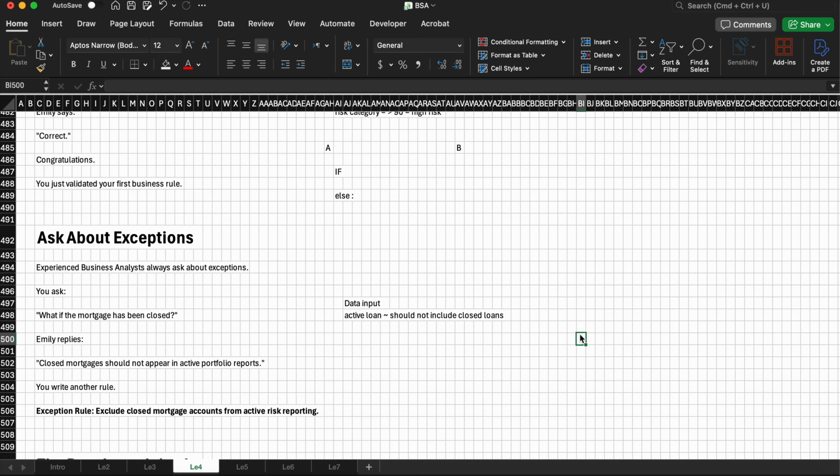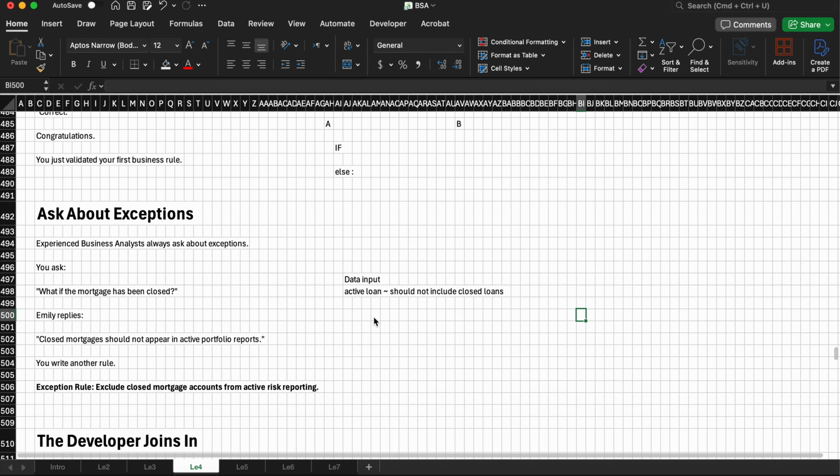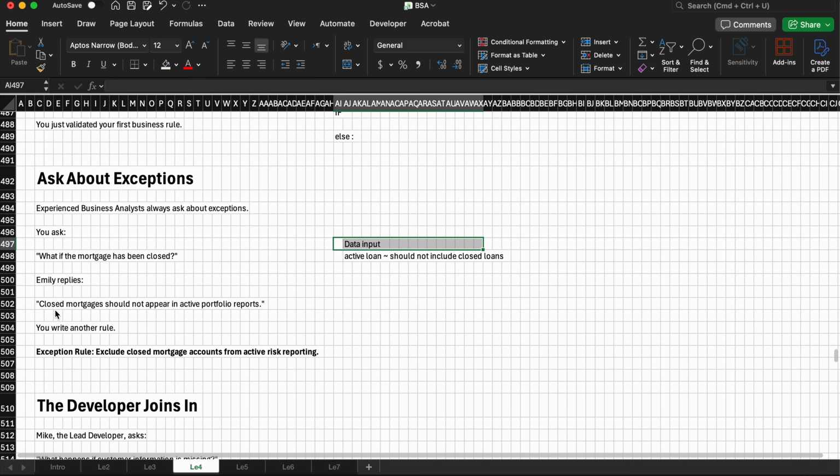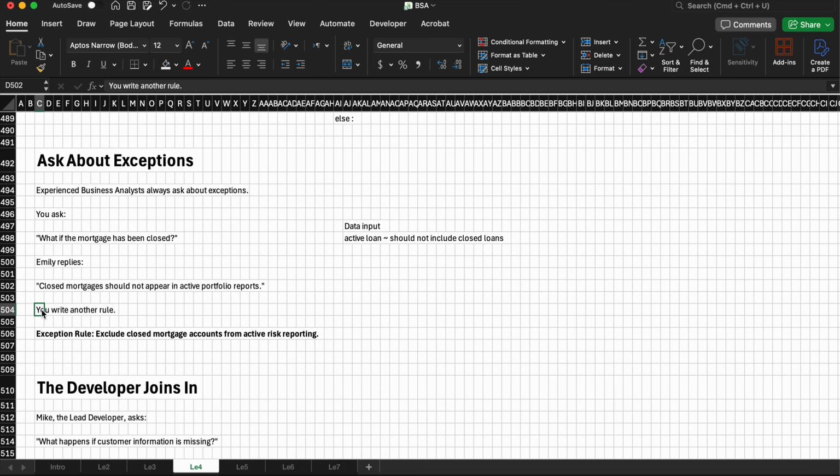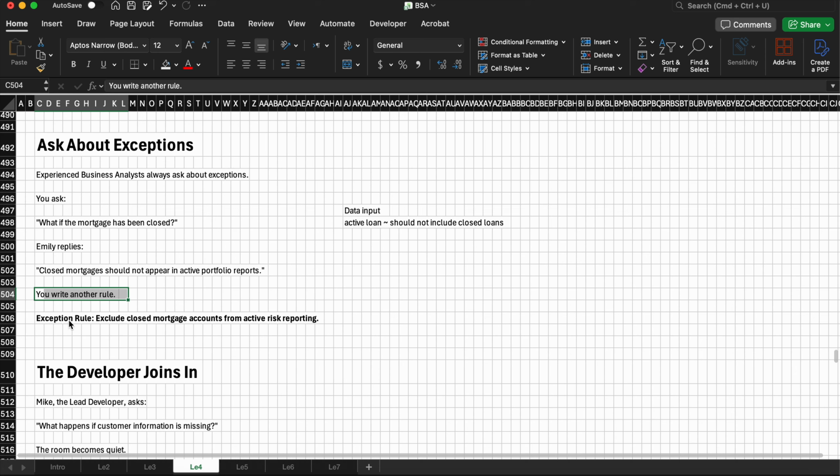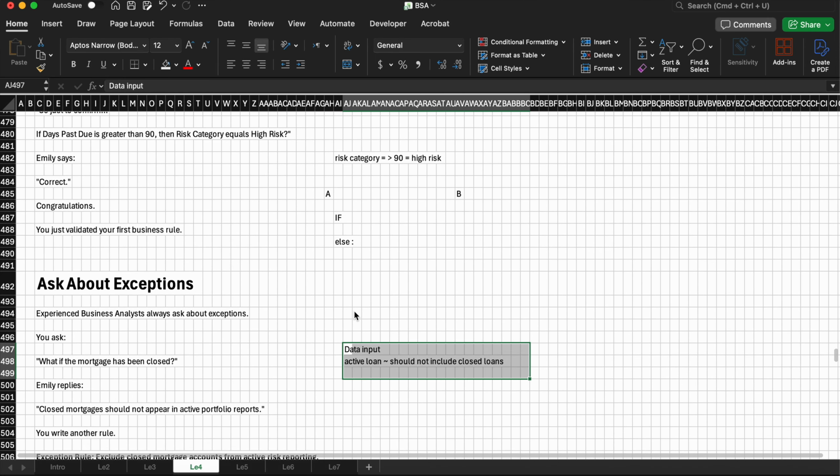This is data collection, data cleaning. We should not include them. Emily says closed mortgages should not appear in portfolio reports, so you write another rule, an exception here. I have already written here to exclude closed mortgage accounts from active risk reporting. That's what we captured. Okay, now we're clear.